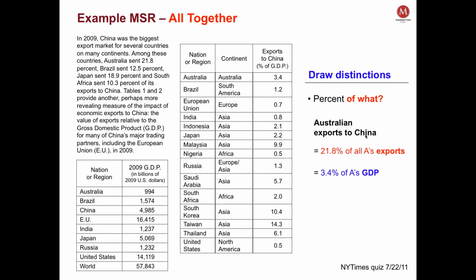Australian exports to China are 21.8% of all of Australia's exports, but that's only 3.4% of Australia's GDP. You don't want to reverse the two. So you have to be a little careful. There will be little tricky things like this. And I always say percent of what? That's part of the story.